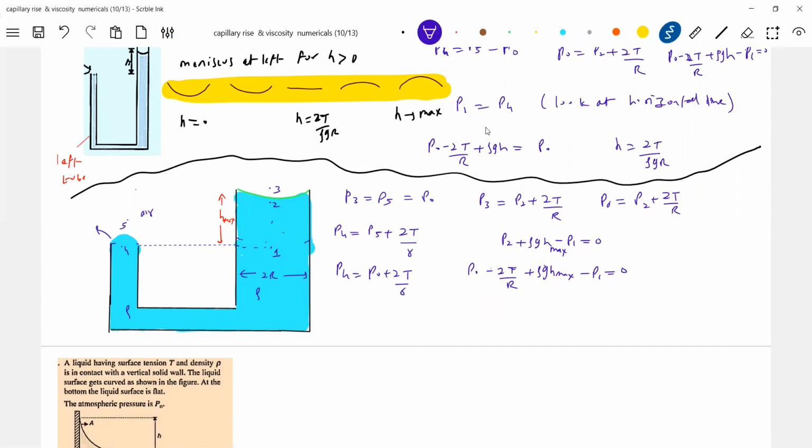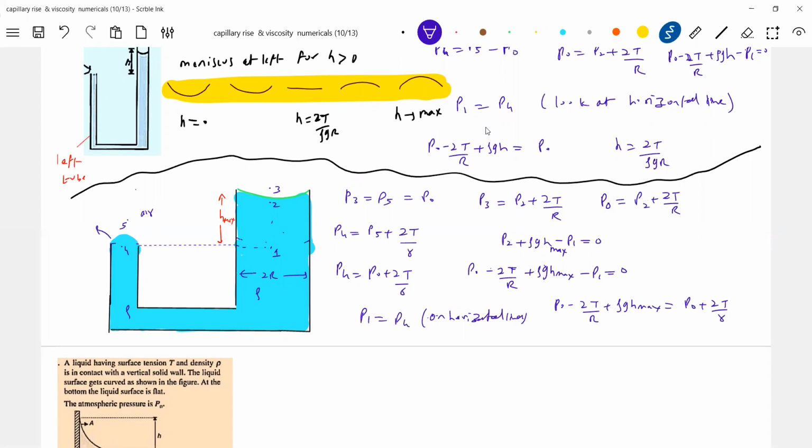Shall we put a condition now? P1 equals P4, horizontal line. Okay, let's substitute. P1 equals P naught plus rho g h max. P4 equals P naught plus 2T by r.